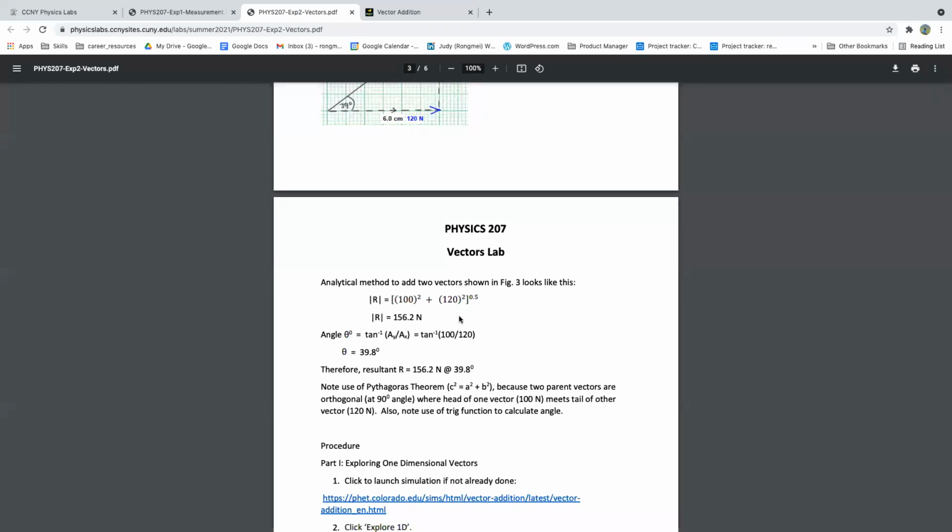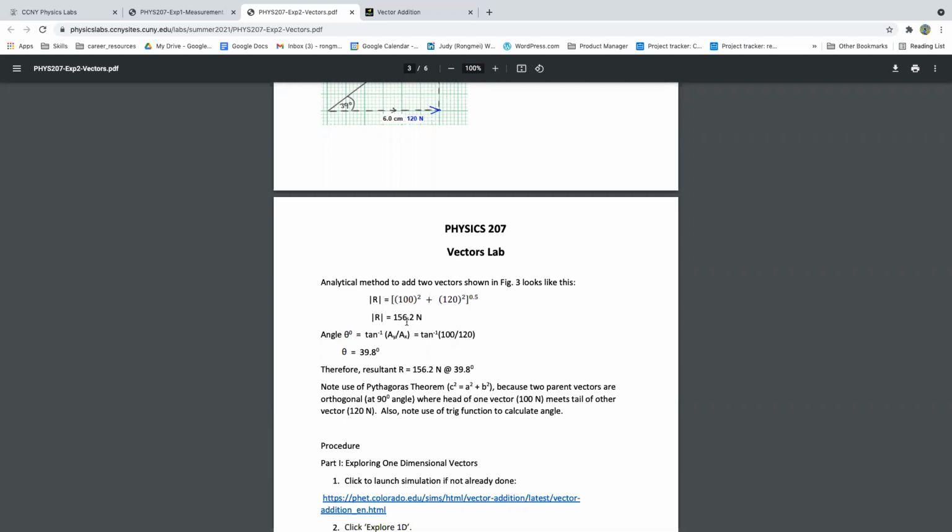Mathematically, when we calculate the magnitude of a vector, we use the absolute value of r, which is x squared plus y squared, and take the square root. Then you get the absolute value of r.